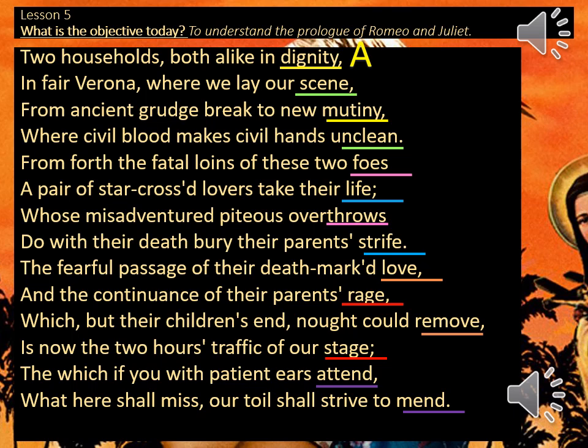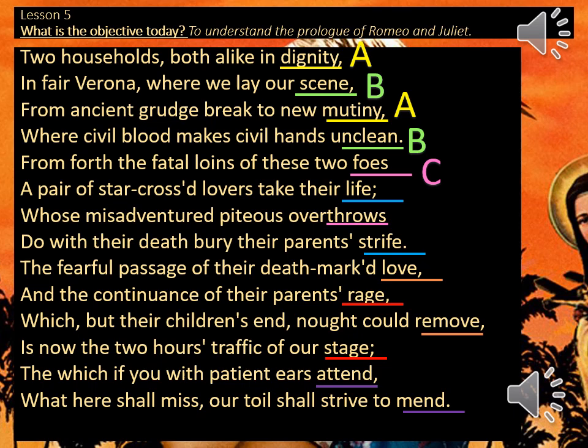The next line, scene, doesn't rhyme with dignity, so that becomes line B. Then the next line, mutiny, does rhyme with dignity, so that's also line A. And then we've got unclean, which rhymes with scene, so that's also line B.